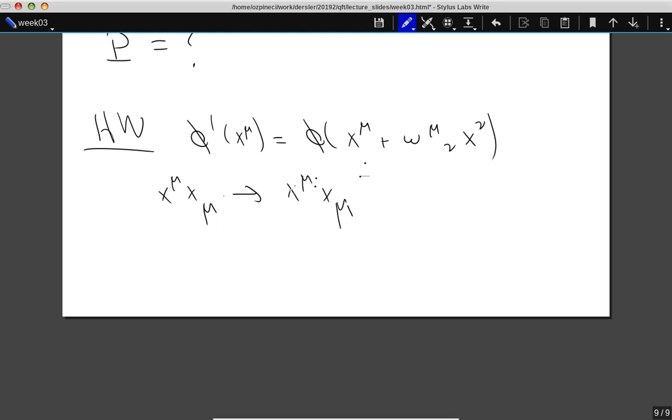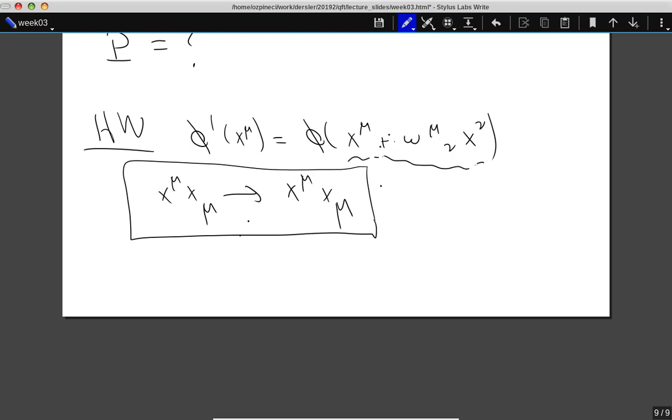This is the condition of the Lorentz symmetry. Lorentz symmetries are all transformations of the coordinates which do not change the four-distance. And an infinitesimal transformation I can write in this form.